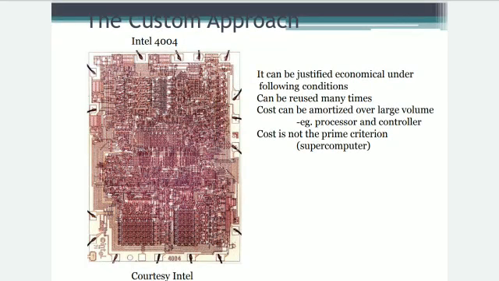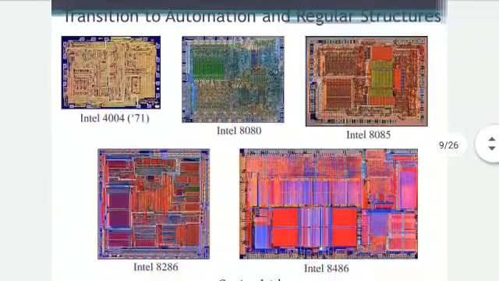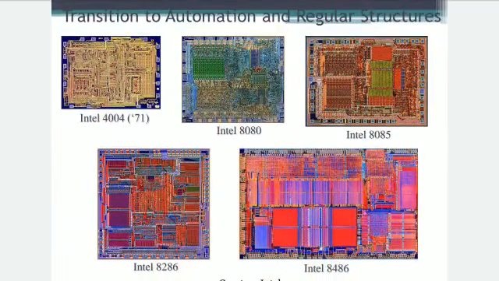Only under such conditions we'll go for full custom design. So I have shown some more examples like Intel 4004, Intel 8080, Intel 8085, Intel 8286 and 8486. All these are very good example for full custom design.